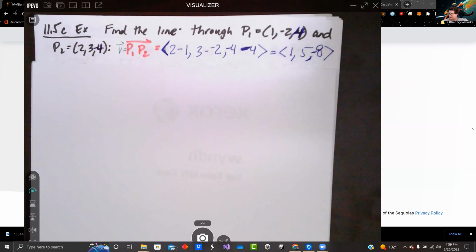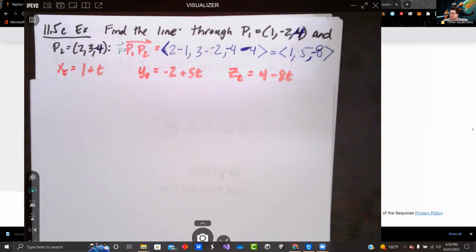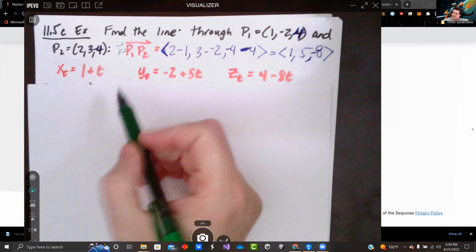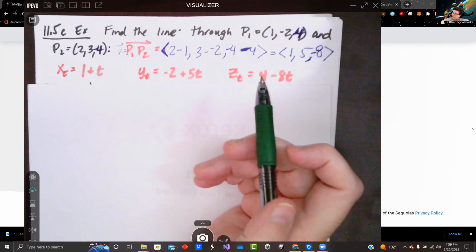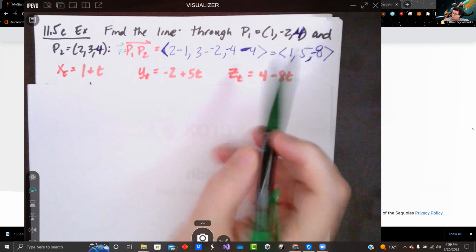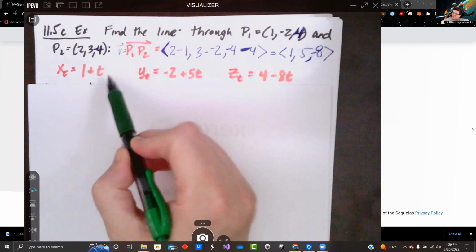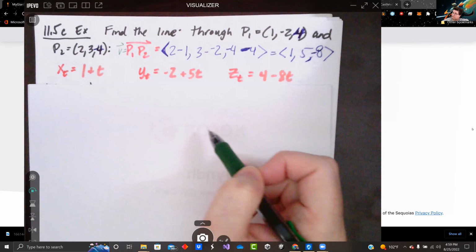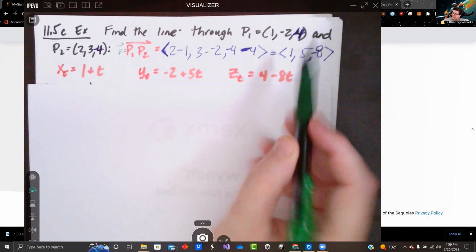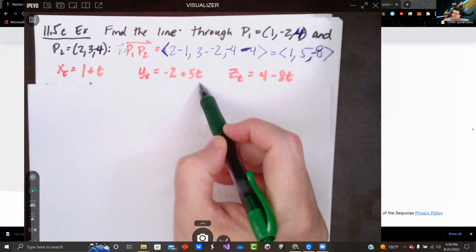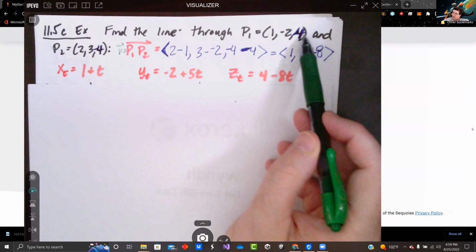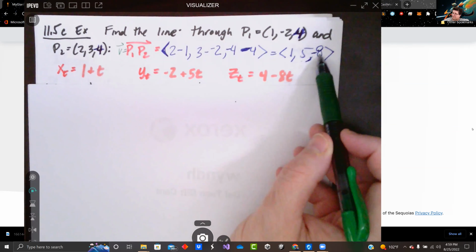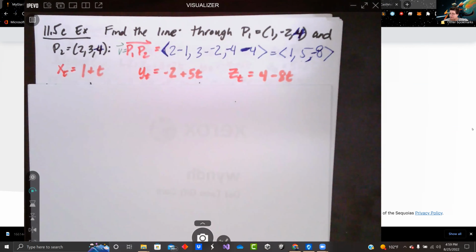So we can find the parametric equations, doing in each case our starting point plus the velocity times t. 1 plus 1 times t gives us our X component. -2 plus 5 times t gives us our Y of t. And for Z, our component starts at 4, and we do -8, our velocity, times t for that component as well.